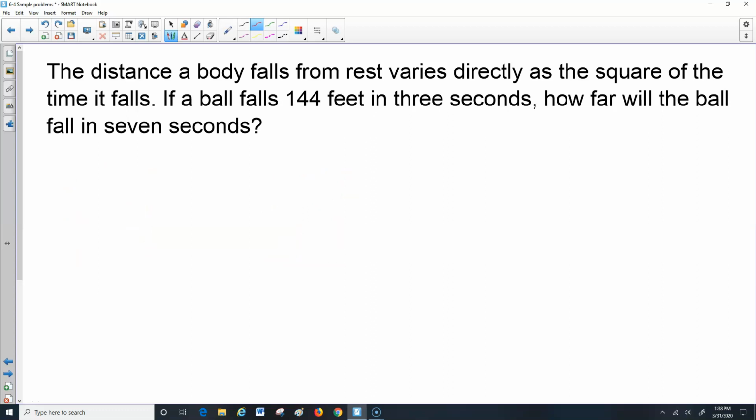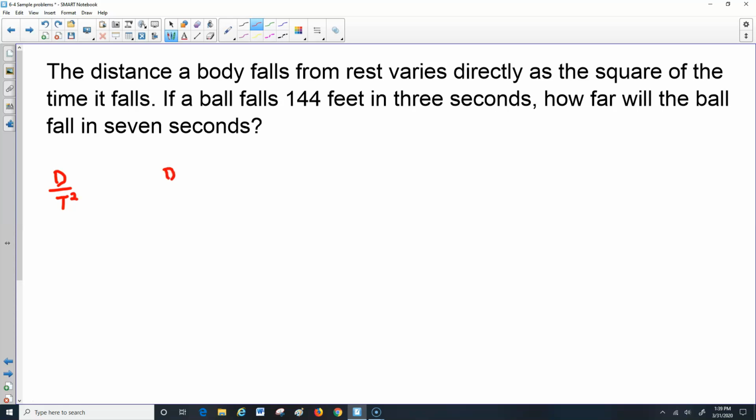To solve this with proportions, we're going to have to be careful about the time again, because the time is squared in this problem. So we're going to compare distance and time, but because it says the distance varies directly as the square of the time, we are going to have to square the time in each of our fractions.